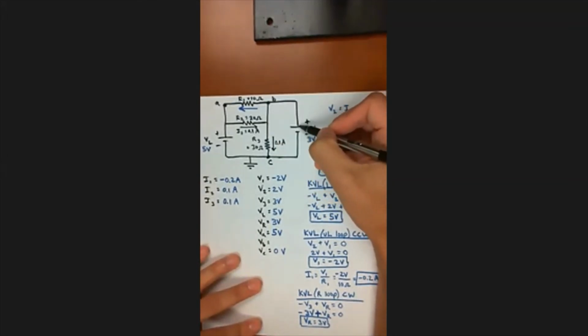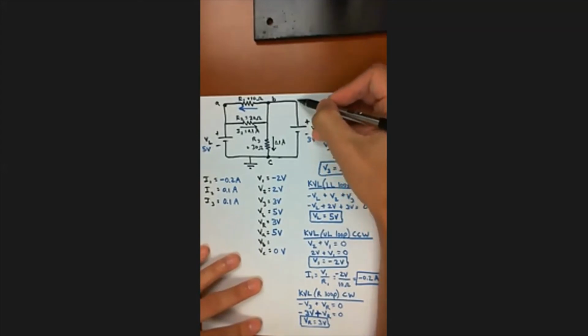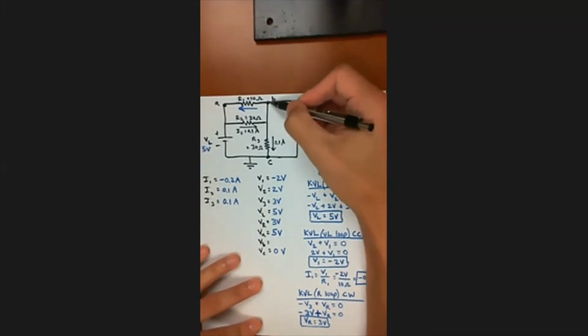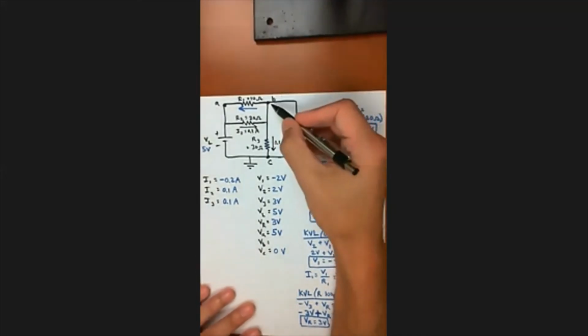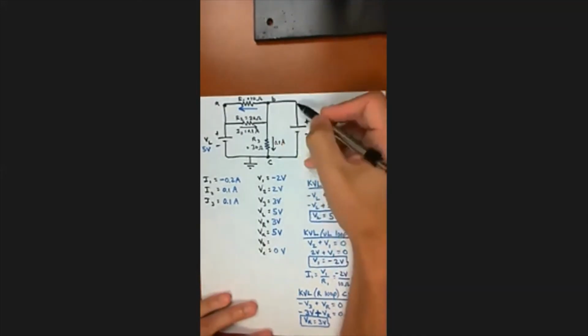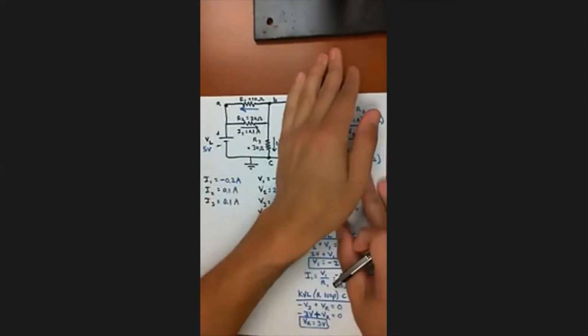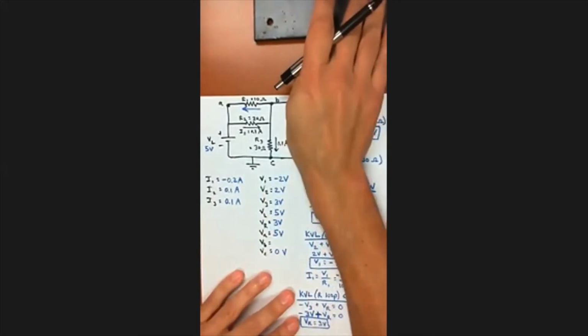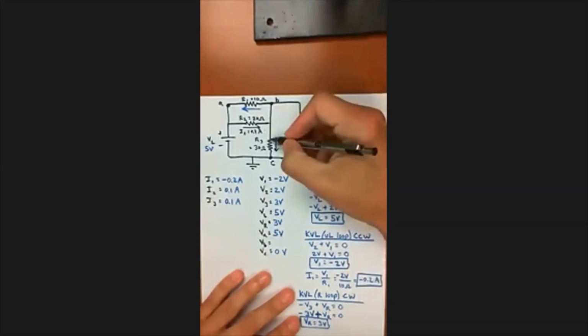If I'm at 3 volts here, then I'm also at 3 volts here because there's nothing to drop voltage in here. So we know the voltage at node B is going to be 3 volts. That's one way of doing it, probably the easiest way. But let's say I didn't know that. For whatever reason, I didn't have a voltage source over here. There's another way to do it because I know everything about resistor 3.